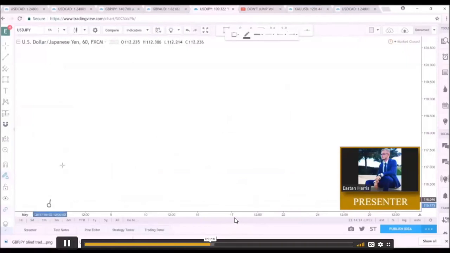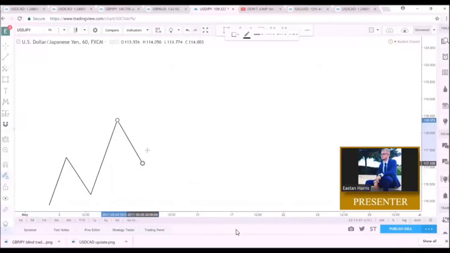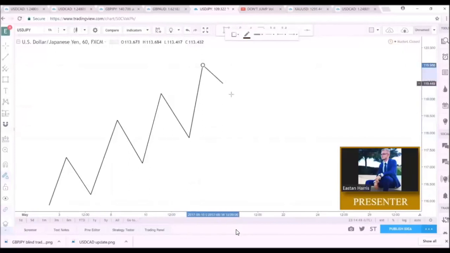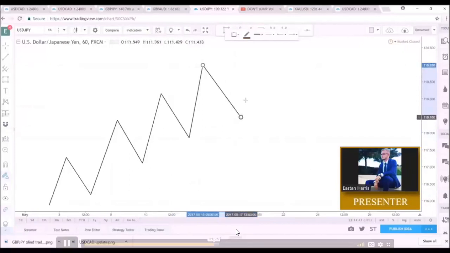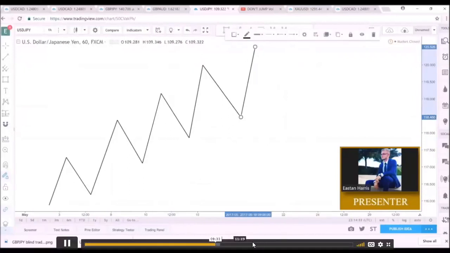Okay, so we're going up. He's still doing uptrend. Right. So this is what price is doing.